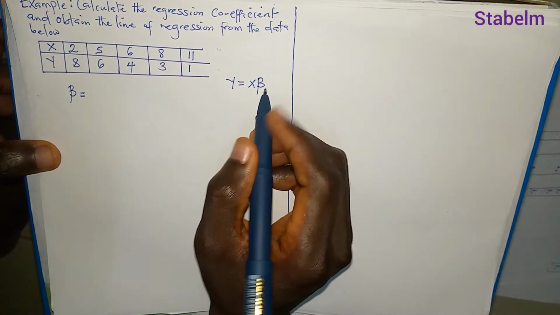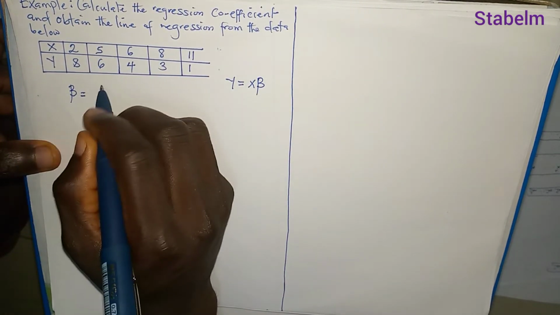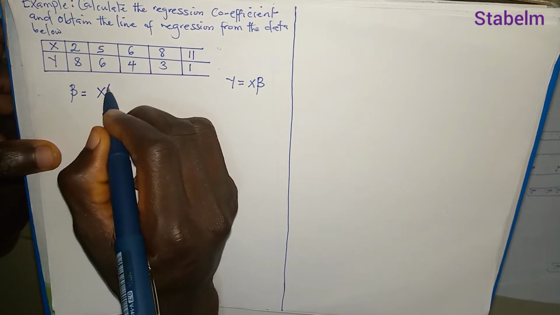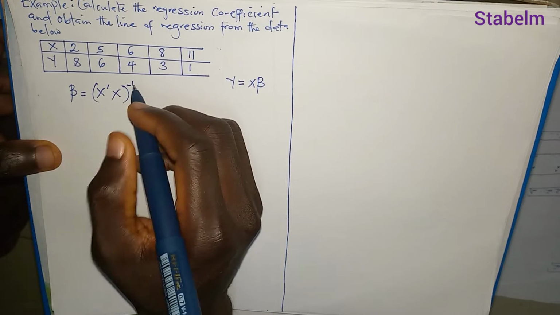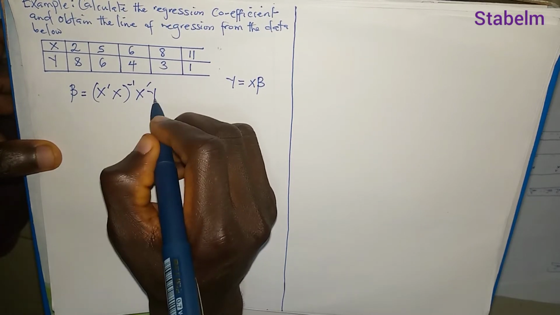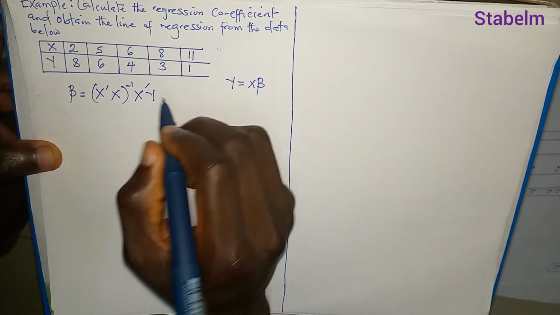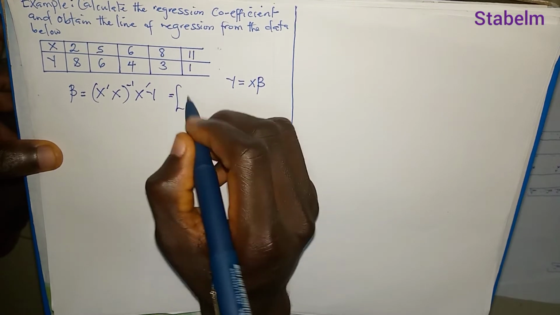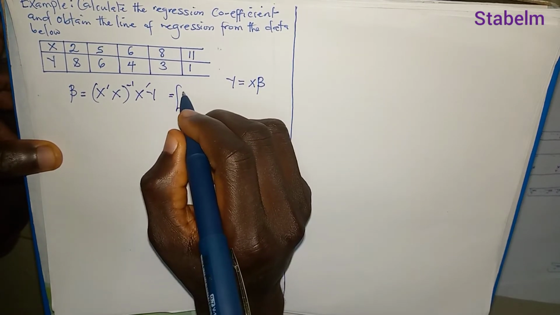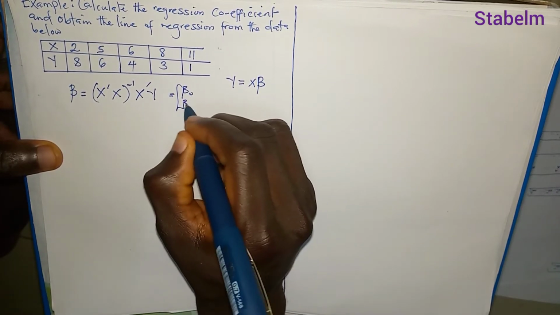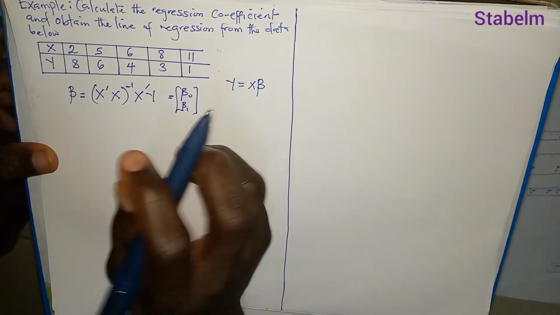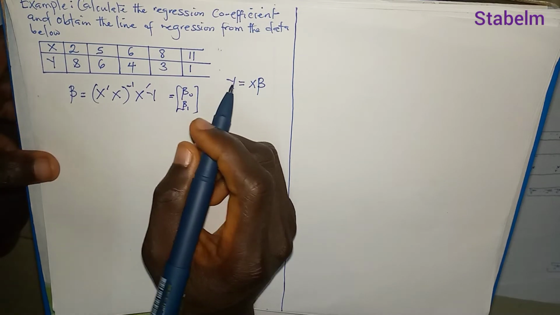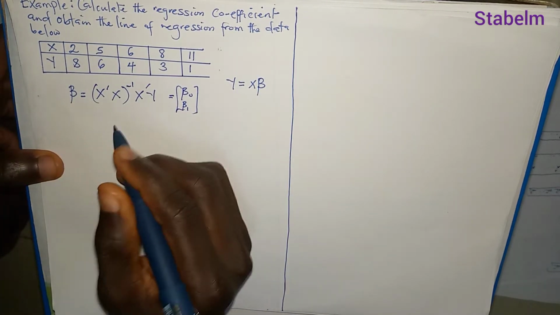For us to get this beta, beta equals x prime x inverse multiplied by x prime y. This will give us all the values of the coefficients, beta naught and beta 1, since we are dealing with simple linear regression.